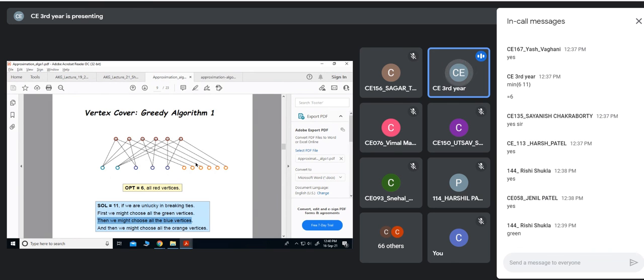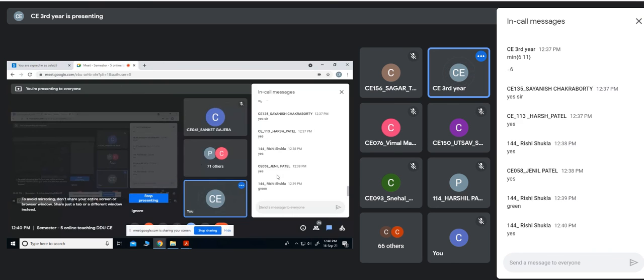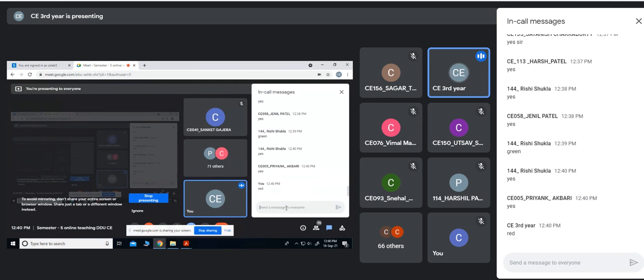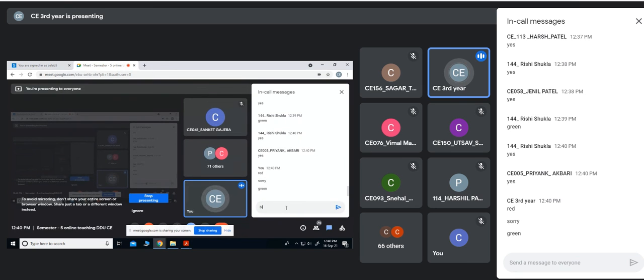Are you getting what I am saying? Yes. So if you are very unlucky in breaking ties, you select first green and then blue.